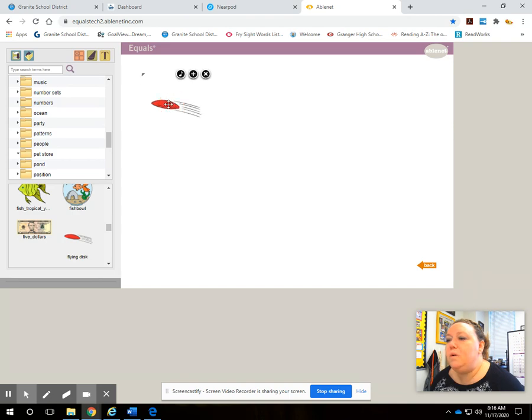Okay, so it said in our problem that Dan has 7 toys, right? And so that means I need 7 flying discs and I'm going to line them up. And this strategy, right, is using these objects to help me count and figure out how many more Amal has. So I need to have 7 of these discs. 1, 2, 3, 4, 5, 6, 7.